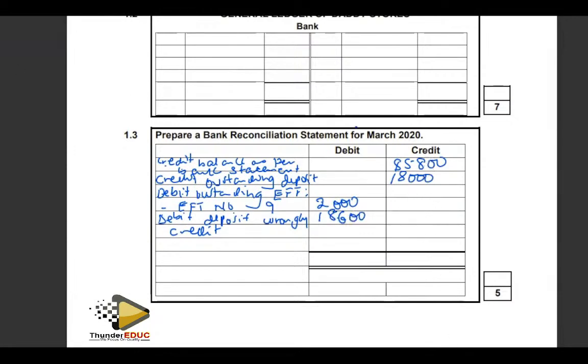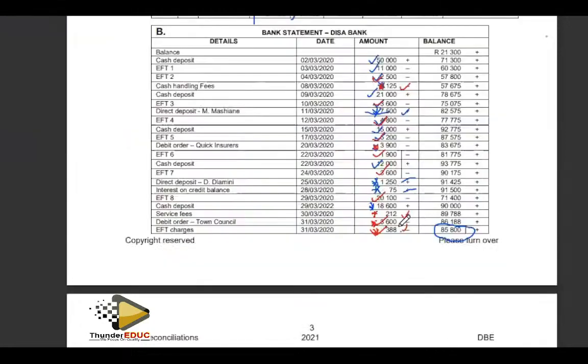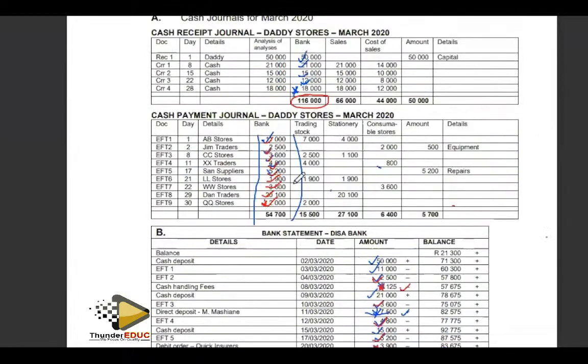It means that we have dealt with each, let me confirm to see properly. If I check here, I'm done dealing with each and every item. My cash receipts journal has been done properly. Cash payments journal has been done properly. I've ticked everything off.